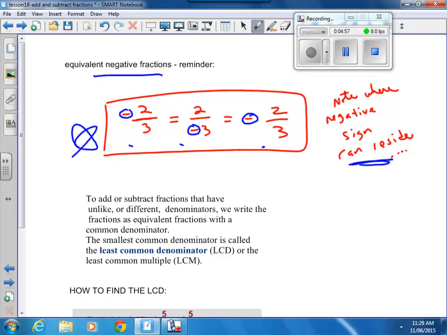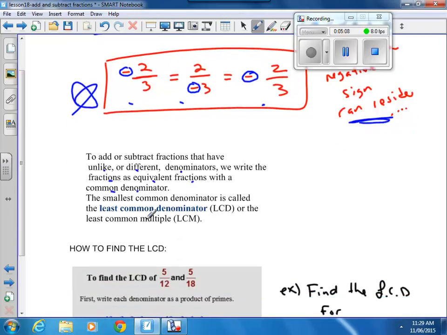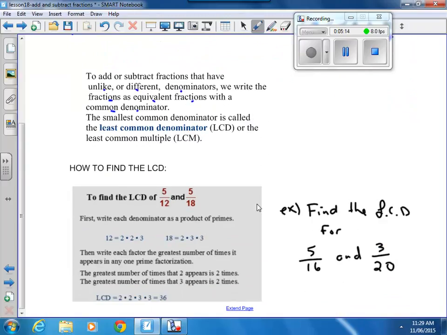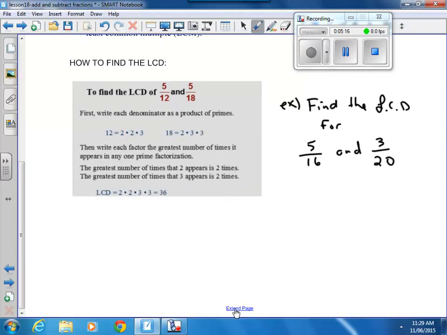To add or subtract fractions, though, that have unlike or different denominators, we write the fractions as equivalent fractions with a common denominator. And you try to find the common denominator, so you have to be able to identify the least common multiple of the denominators to do that. So let's take a look.